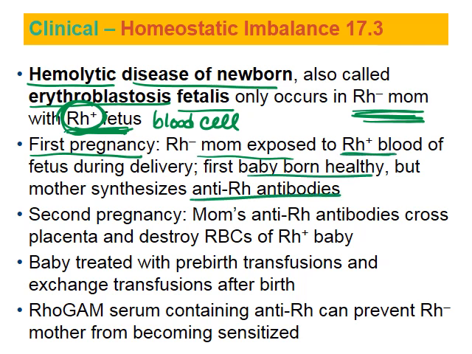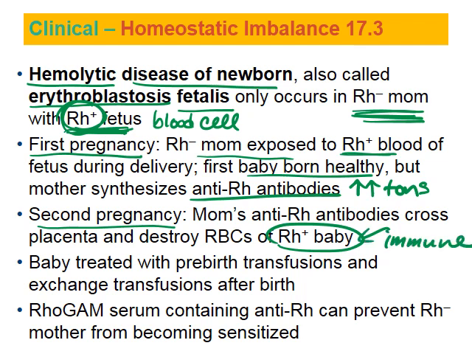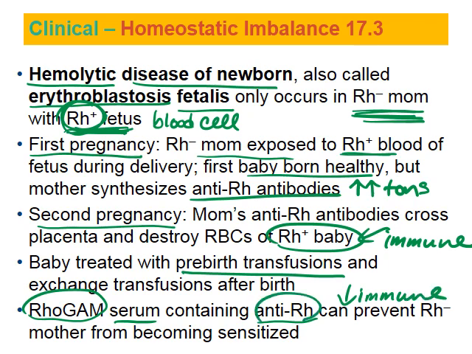But now mom has made tons of anti-RH antibodies. So guess what? When she becomes pregnant the second time, when the baby's still developing, all of a sudden her immune system is attacking the RH positive baby. So we can treat this with pre-birth transfusions. We also can give RhoGAM serum, which is going to decrease the immune response to generating those anti-RH antibodies.